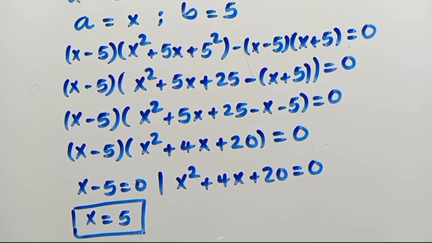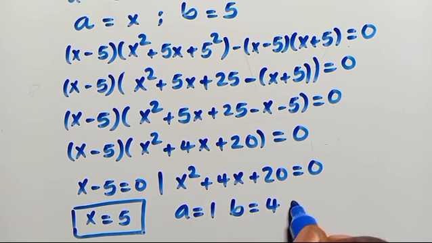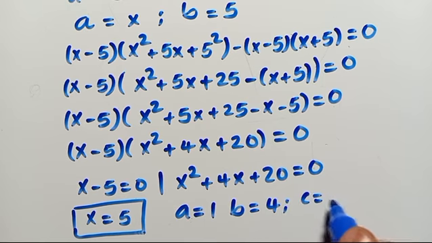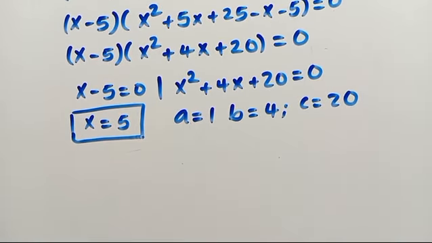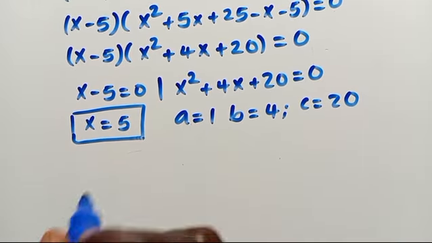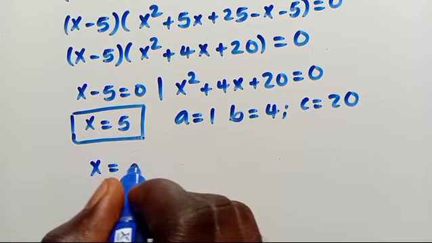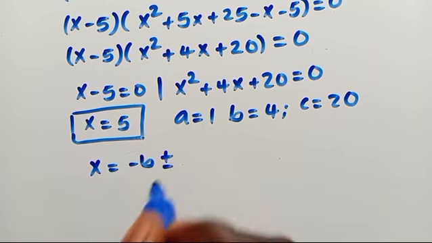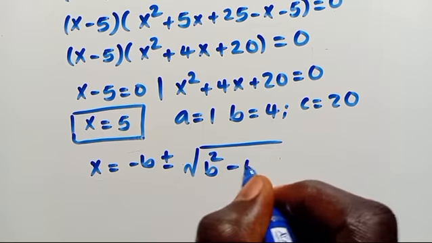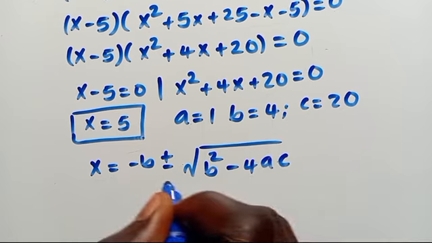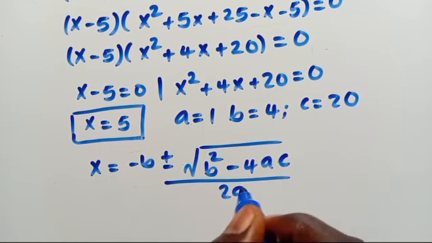Then from this side we have a equals 1, b equals 4, c equals 20. So we have x equals minus b, positive or negative, root of b squared minus 4ac, over 2a.